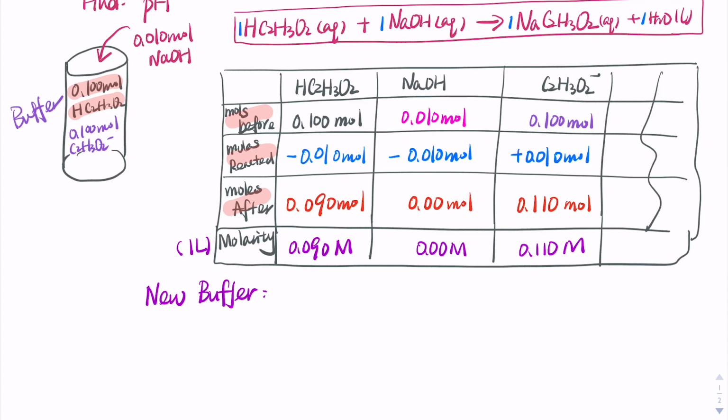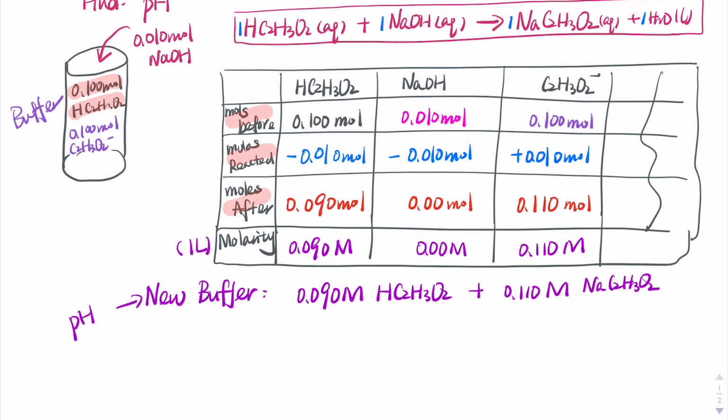Now you have 0.09 moles. After you calculate concentration, you have 0.09 molarity of this HC2H3O2, and 0.110 molarity of this NaC2H3O2. So now this is your new buffer, and we want to know the pH of this solution.